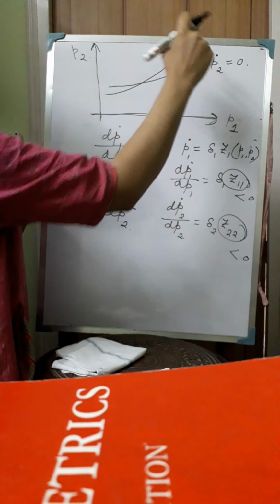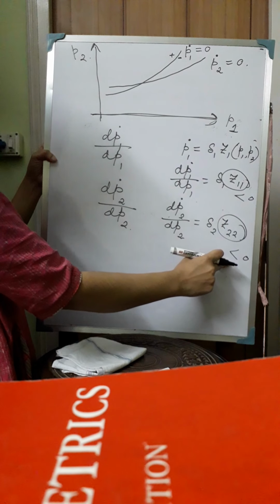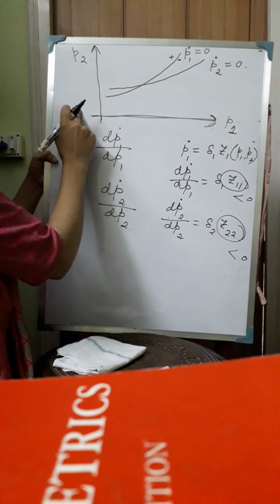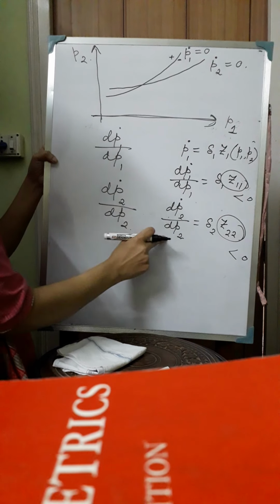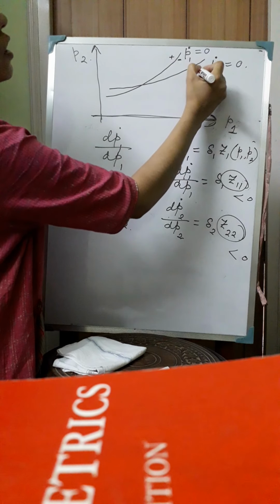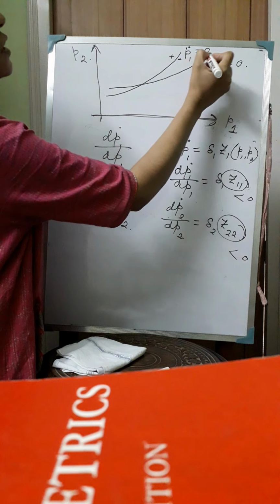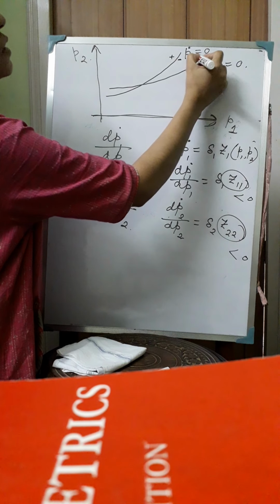Now consider P2 dot. dP2 dot/dP2 is less than 0. If we go up, that means if we increase P2, then P2 dot falls. So to the right of the P2 dot equal to 0 curve, P2 dot is positive, and to the left, P2 dot is negative.